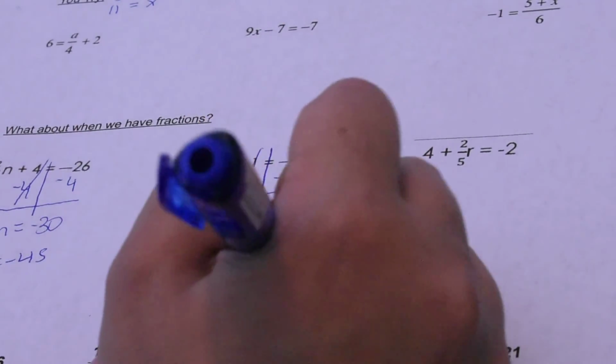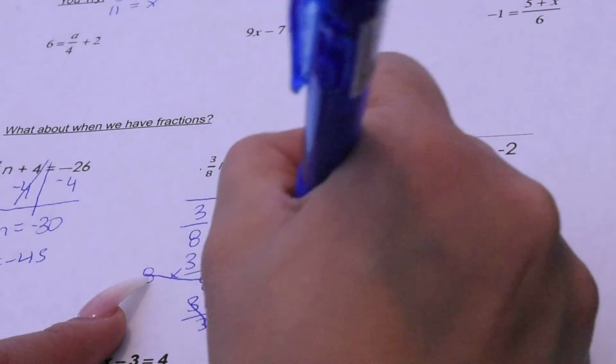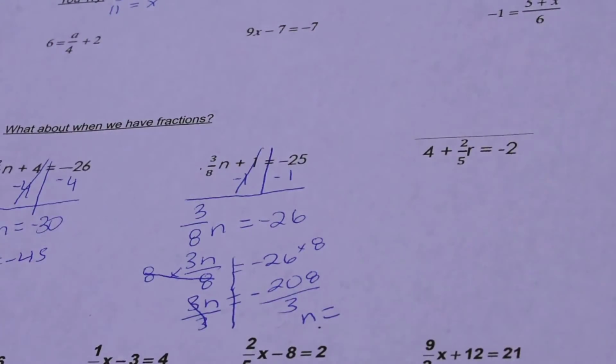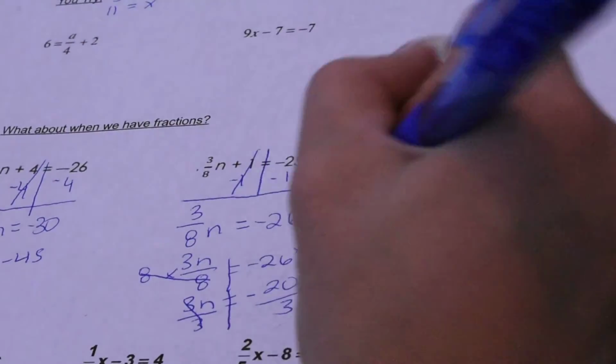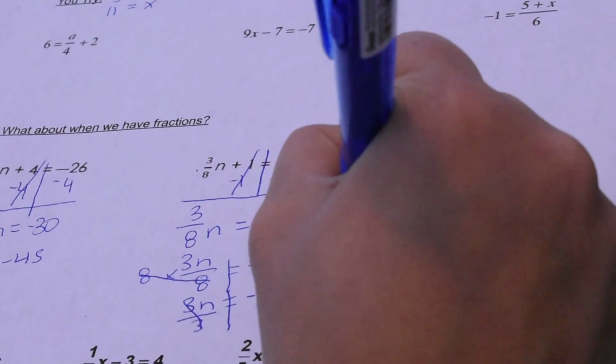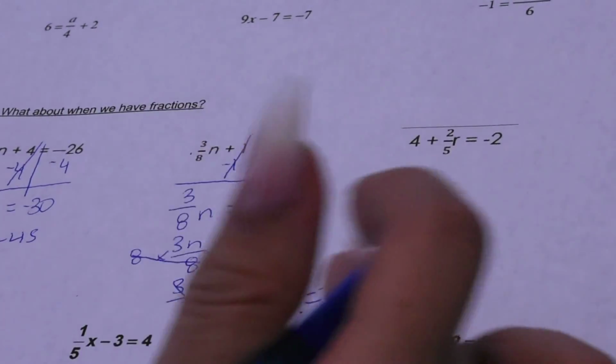I divide. Because remember, my goal is to get the variable by itself. So n equals negative 208 divided by 3. It's a fraction, so I can keep it as negative 208 divided by 3. All right, that's my answer.